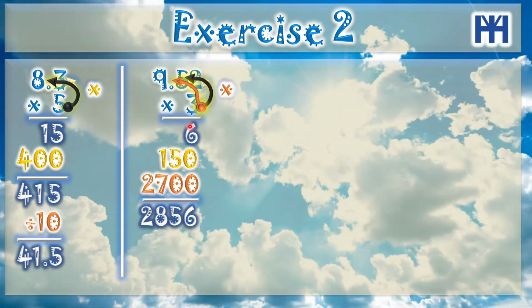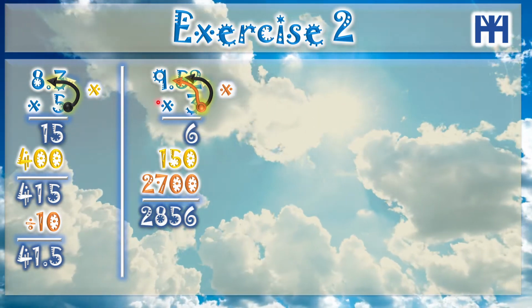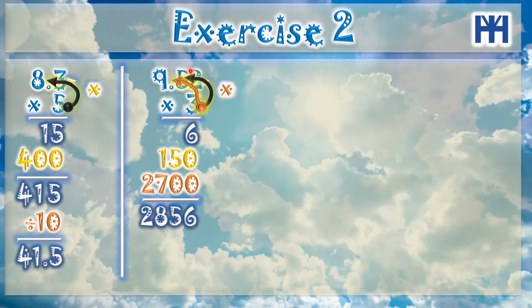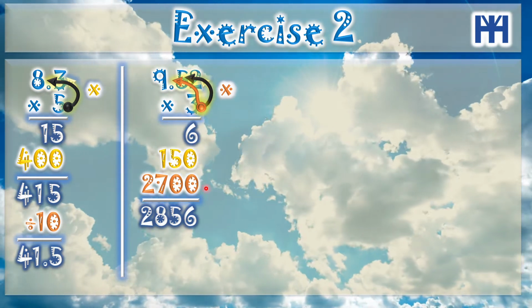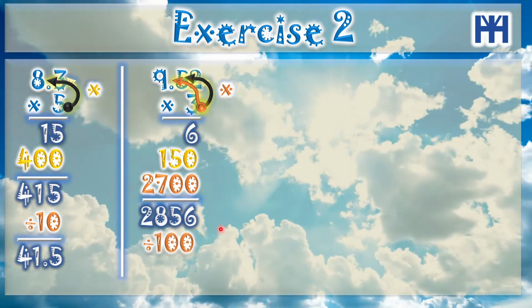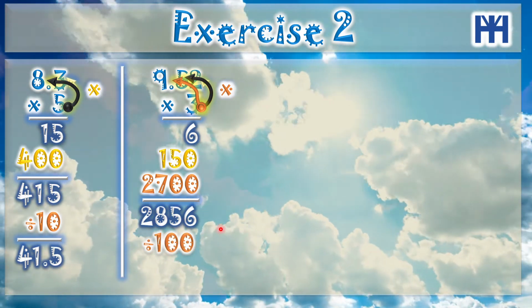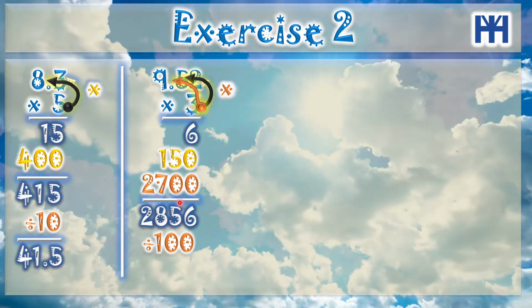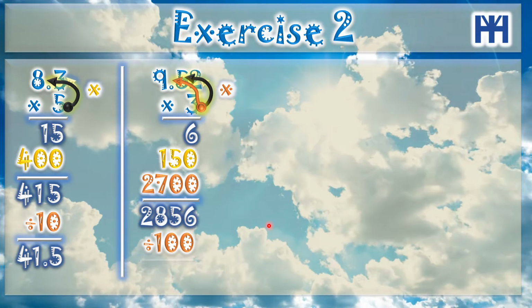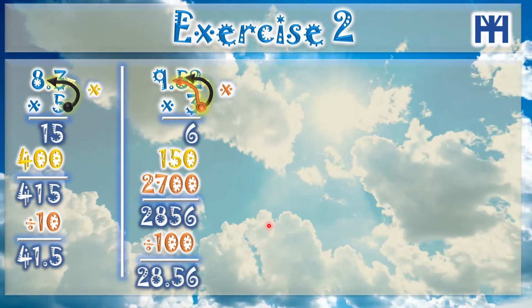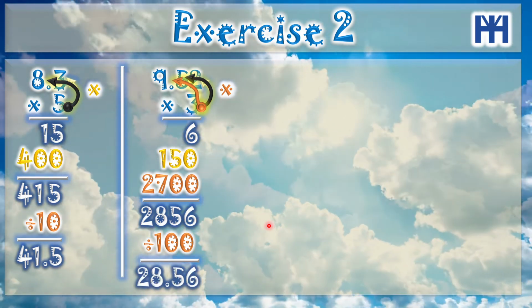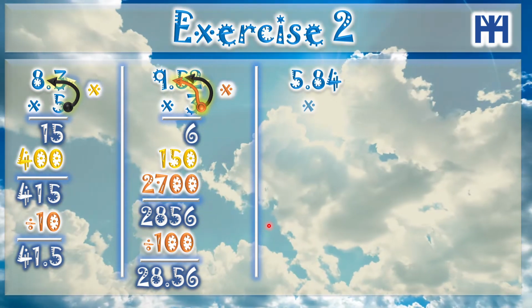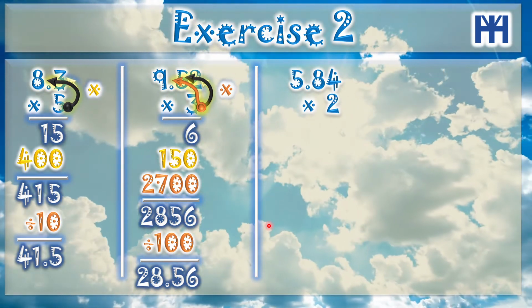And remember, our last step here is to count the decimal places, 1, 2. 2 numbers after the decimal, so we will have to divide by 100. So the decimal point will move 2 steps to the left, 1 and 2. So the final answer will be 28.56.